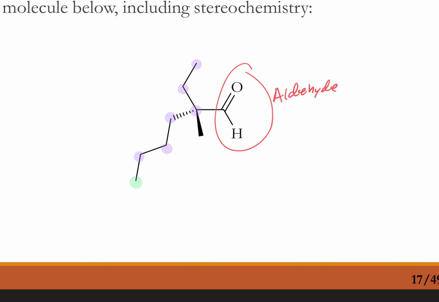It should be 1, 2, 3, 4, 5, and 6, because that includes the highest priority functional group in the molecule. And obviously, we'll get into those later throughout this organic chemistry course or even next semester. But that is the official way to do it. We don't really need to worry about it so much.